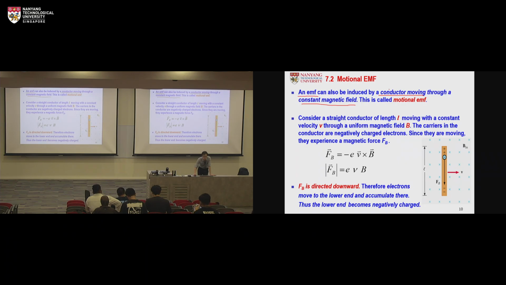So here the components are first a moving conductor, second an external magnetic field. As long as you have these two, you will also have a finite EMF. So you can see, pay attention to the difference. In this case, actually, there is no closed loop.